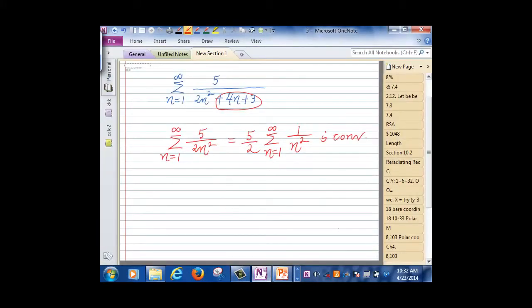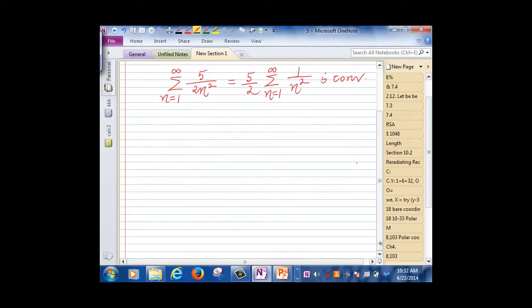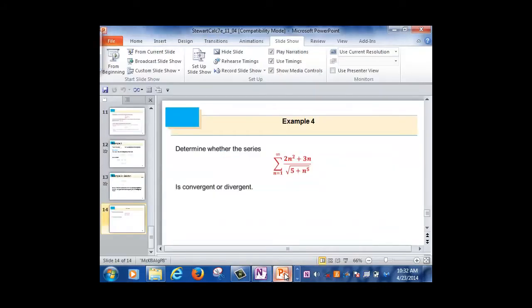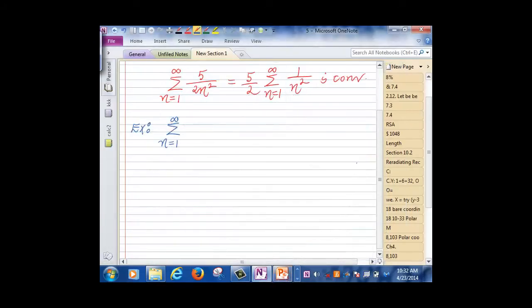So the example that we have in hand here is that I have the series, n going from 1 to infinity. What do I have again? 2n squared plus 3n, is it?